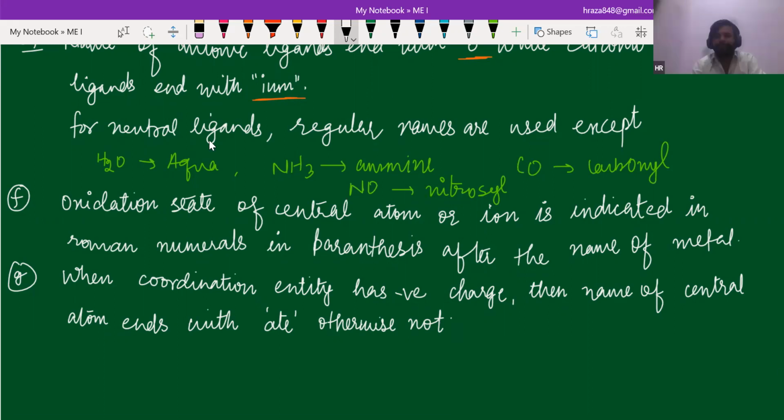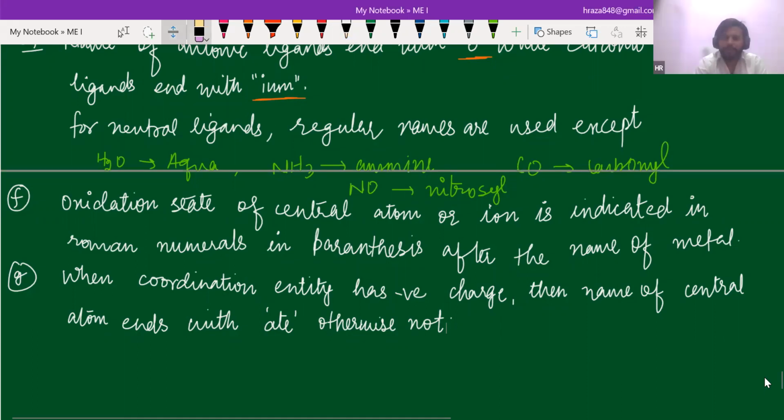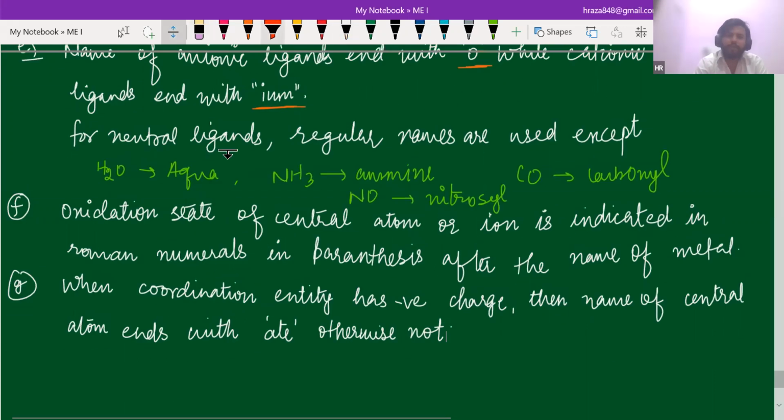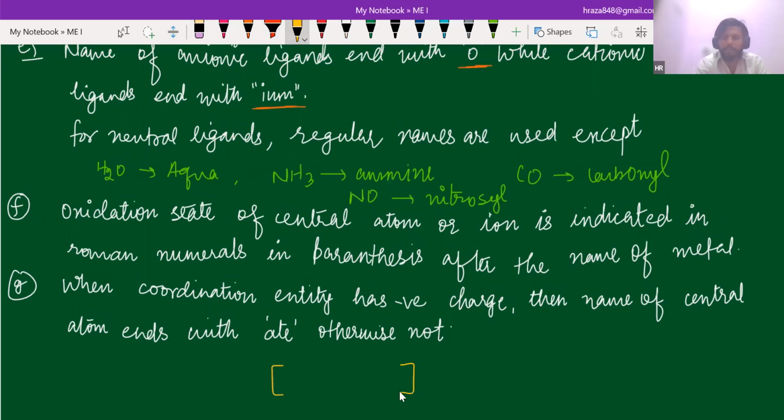Do let me know when you're done up to this. To write the name, it's very easy. Just keep some rules in your mind. Alan, are you also done with this? Yes, sir. So see, I'm going to show you. This is your coordination compound, your complex compound.